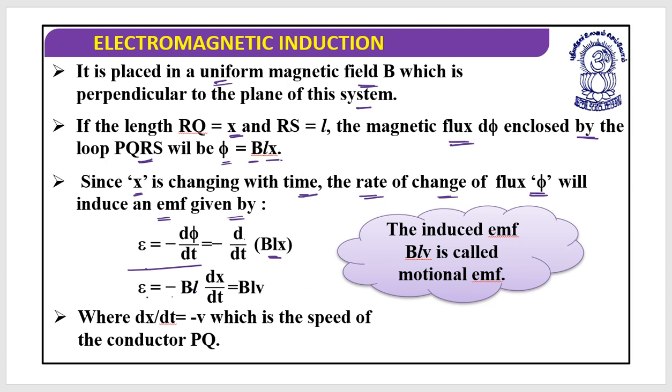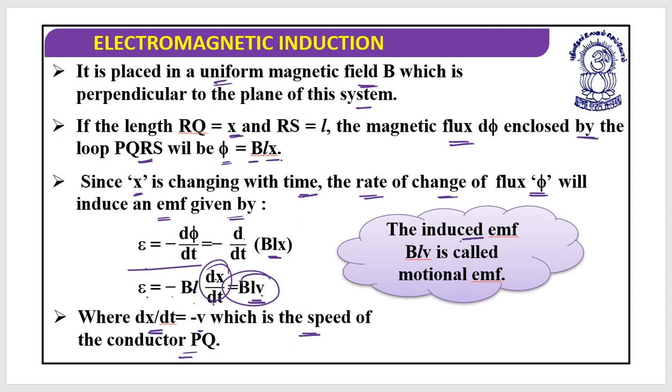This is minus of B into L into dx by dt, a differentiation of length with respect to time. It gives me the velocity. So this is equal to BLv, where dx by dt is equal to minus v, the speed of the conductor PQ.